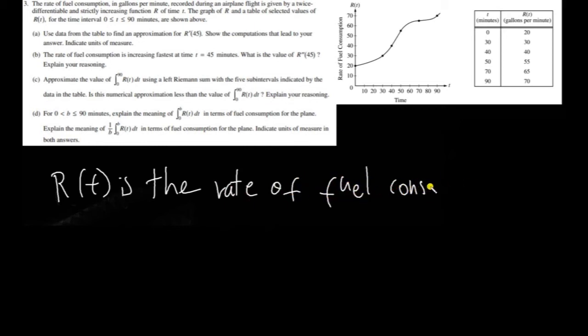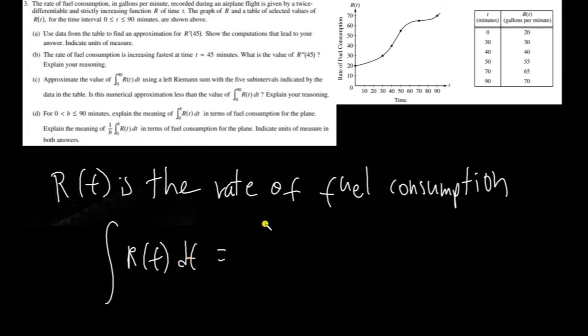That's what it tells us in the graph. Rate of fuel consumption, R of t. So, since R of t is the rate of fuel consumption, the integral of R of t dt therefore is the amount of fuel.